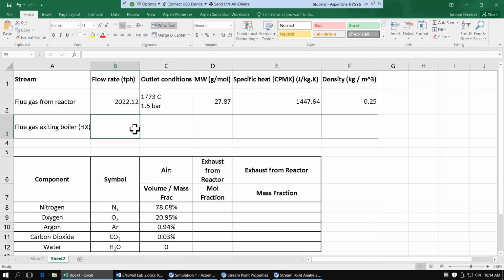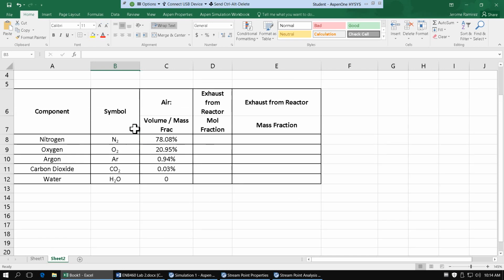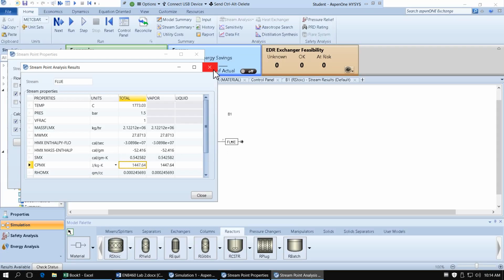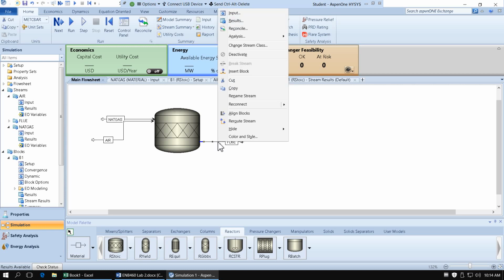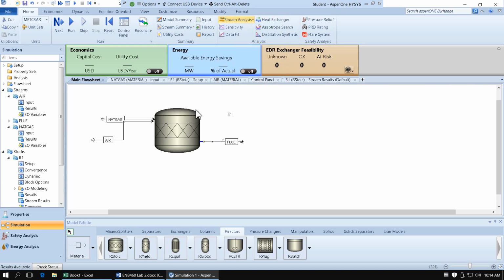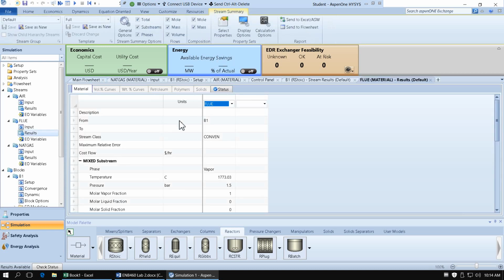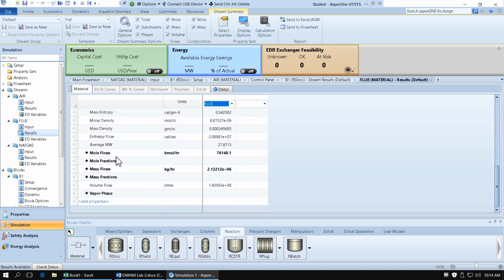cool. And now we can also look at the composition of the exhaust from the reactor, mole fraction and mass fraction. We can look at the stream analysis or stream summary here, or we can just go to Flue, right click, results. Right, so it just shows the results for one stream.